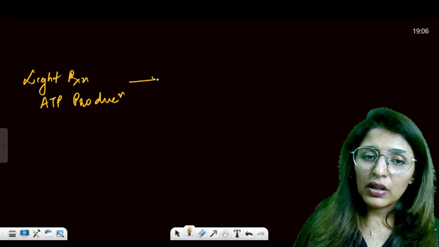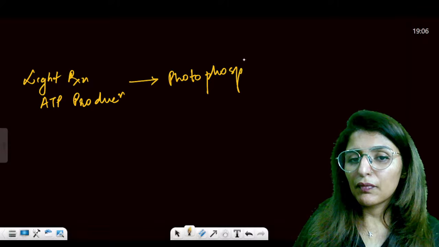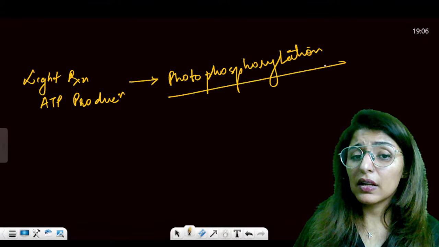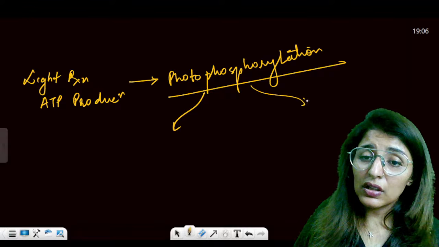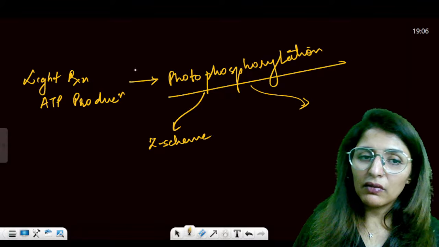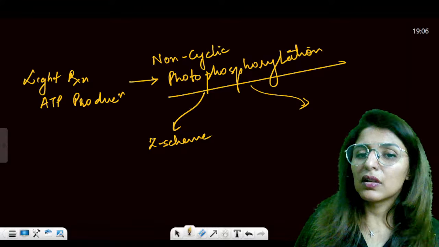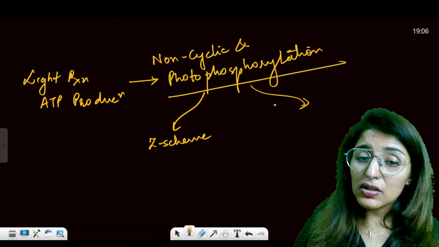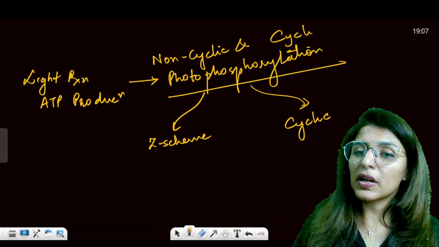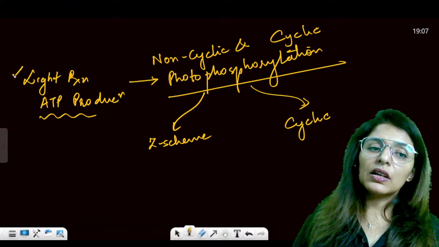That is why we call it photophosphorylation. Yes or no? Now the photophosphorylation, if it occurs during the Z scheme, which is a non-cyclic one, will be known as non-cyclic photophosphorylation. And the one which occurs during cyclic flow will be known as cyclic photophosphorylation. So there are two methods of ATP production during the light reaction.